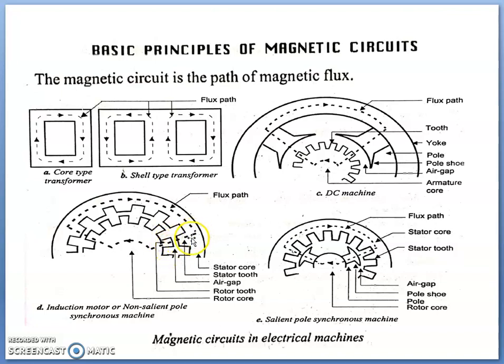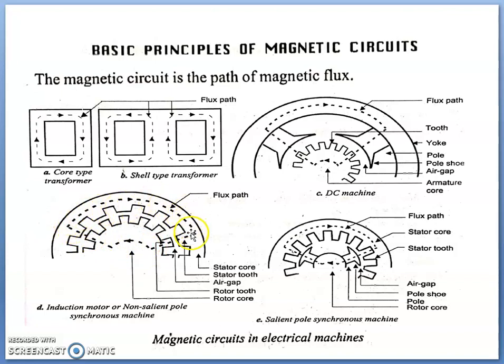So the stator magnetic field produced by the stator current passes through the air gap and enters the tooth portion of the rotor, and this may be the slots per pole per phase of a particular machine. It then completes its path again through the tooth portion of the rotor, air gap and tooth portion of the stator.